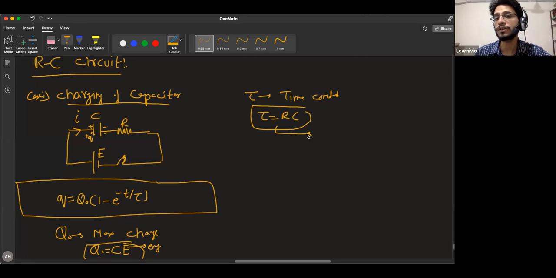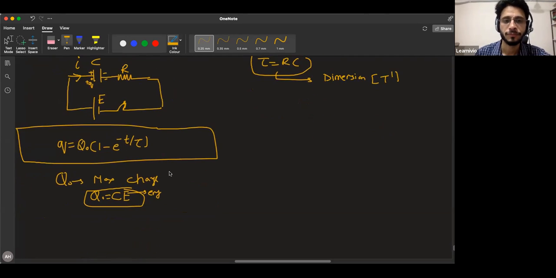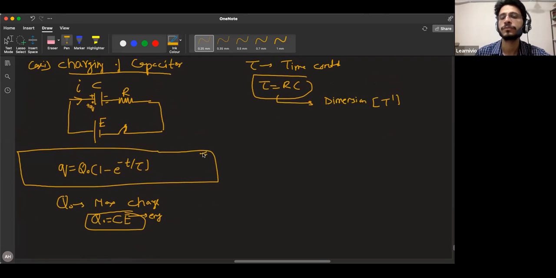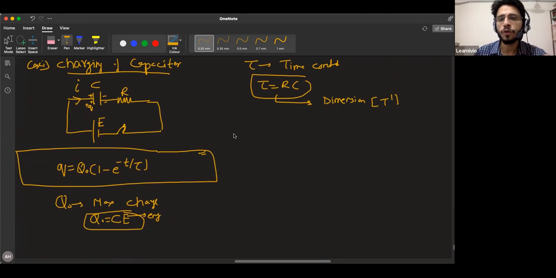See, this time constant is important for dimensions. Time constant is a time, so its dimension is T to the power 1. This is the equation of charge. Now if you want the current, I is just dq over dt, and you can derive that it comes out to be I naught e to the power minus t by tau.